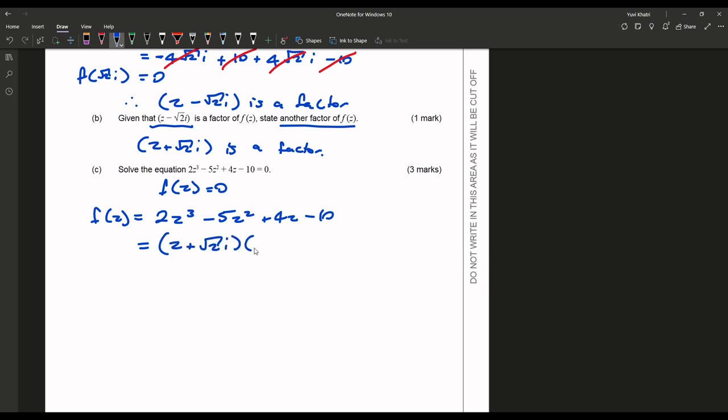Z plus root 2i and z take root 2i. Now because it's a cubic, it's going to multiply by a linear factor, az plus b. Let's simplify the brackets a little bit more.